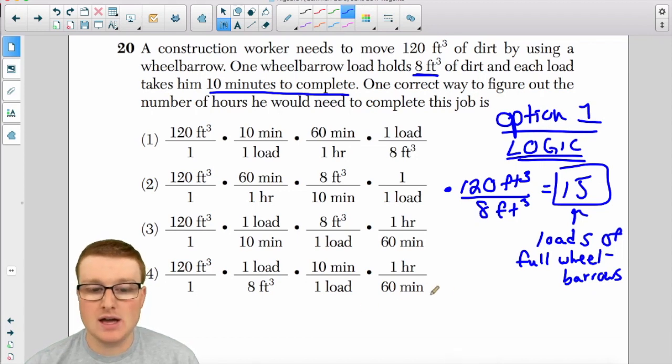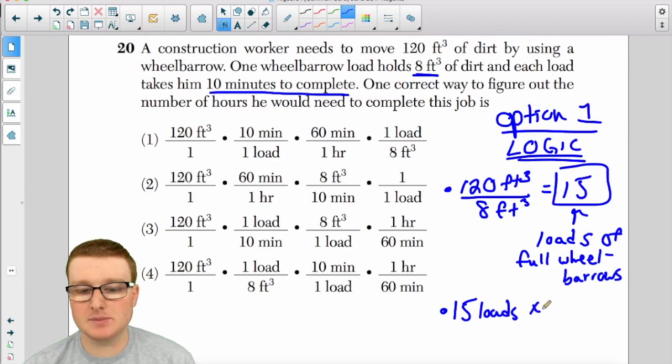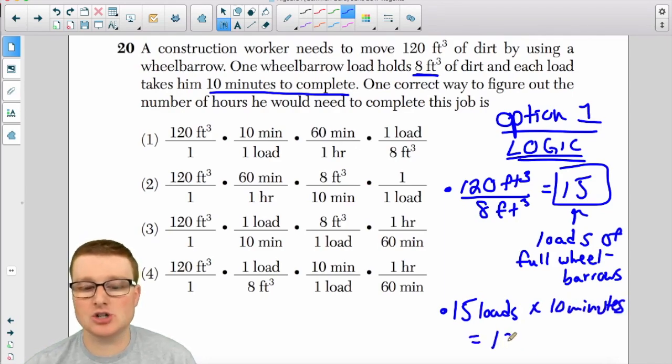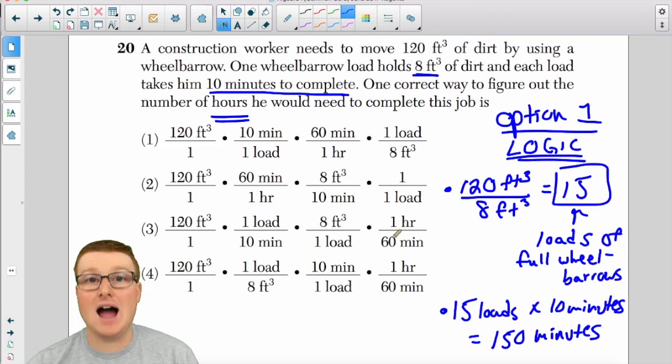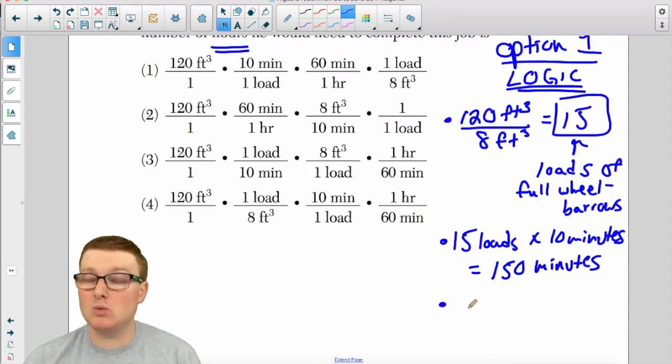Now, it says here it takes him 10 minutes to complete each one. So what you're going to do is take the 15 loads and multiply it by 10 minutes. It will take him 150 minutes to complete the job. Now, how do you find the total hours? Well, there are 60 minutes in 1 hour.